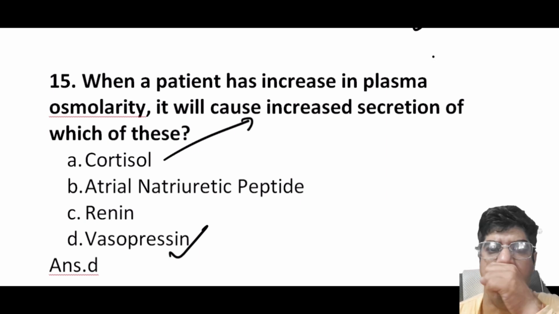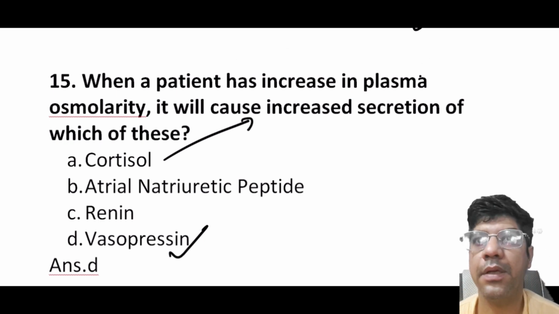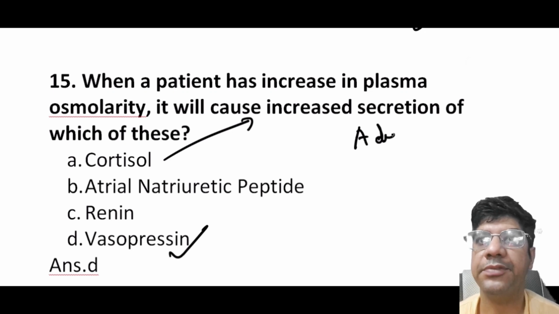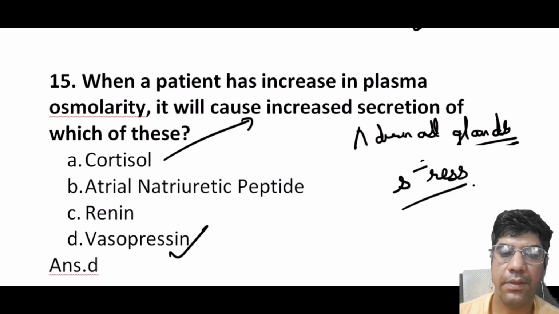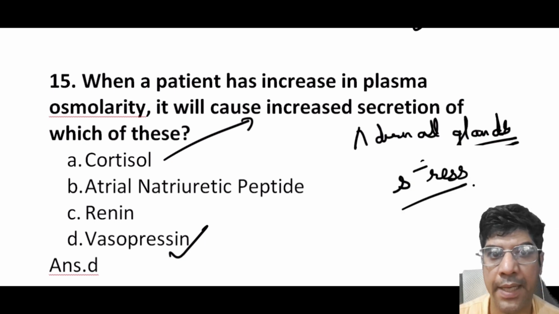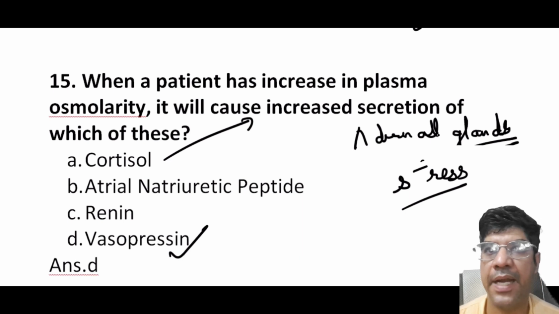Cortisol, we know, is a steroid hormone that is primarily released by the adrenal glands in response to stress. While cortisol does have some effect on fluid and electrolyte balance, its main role is in regulating metabolism, immune response, and the stress response. So cortisol is not your answer.